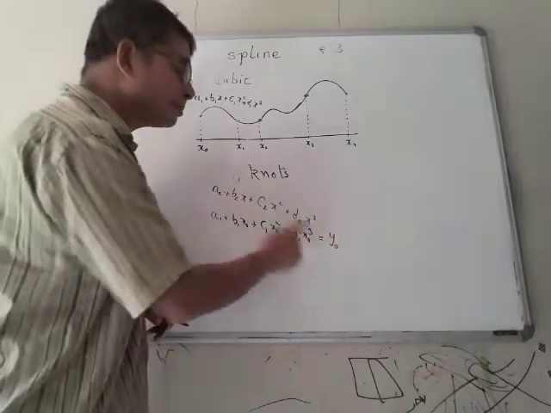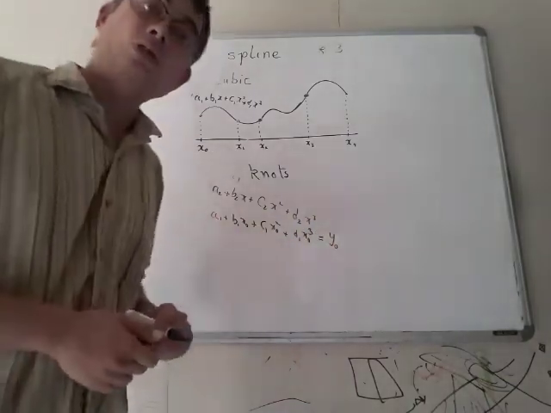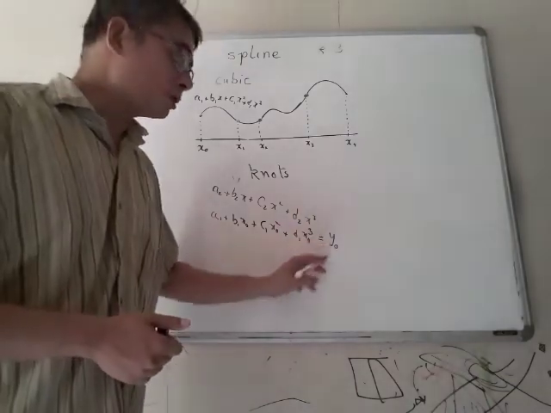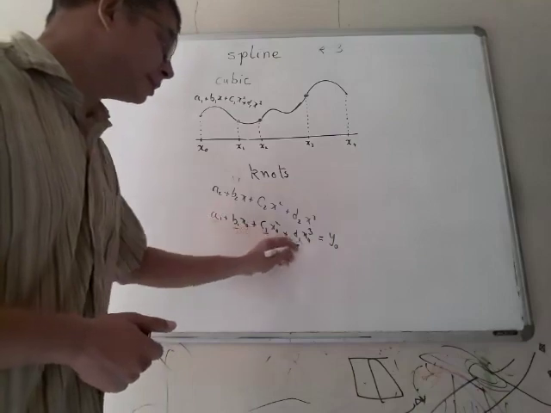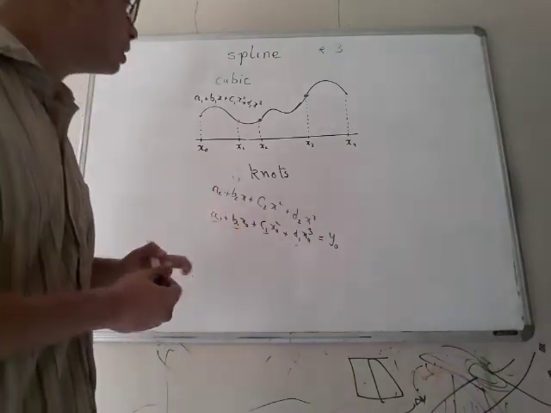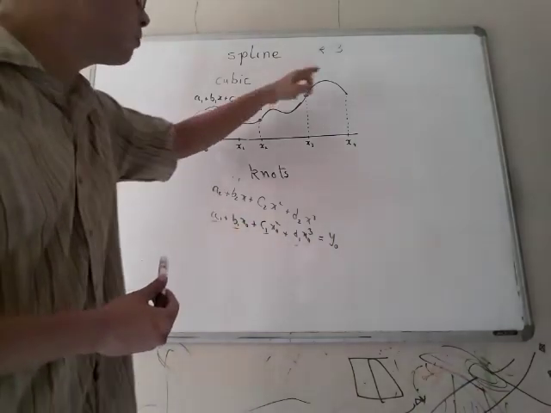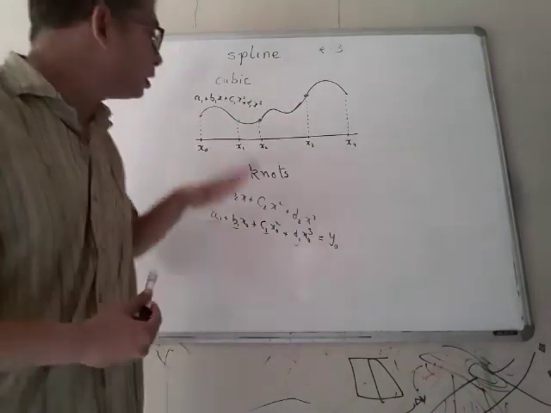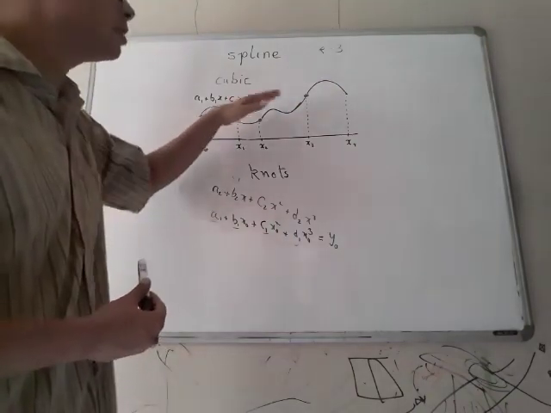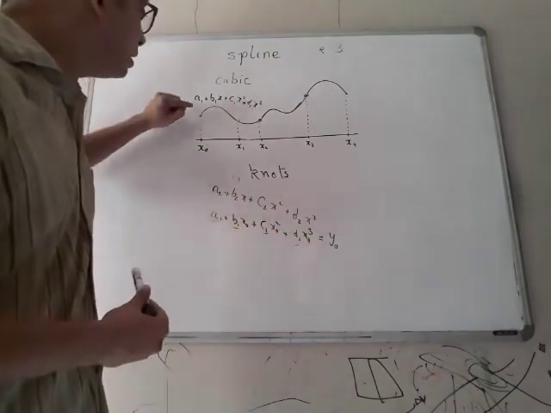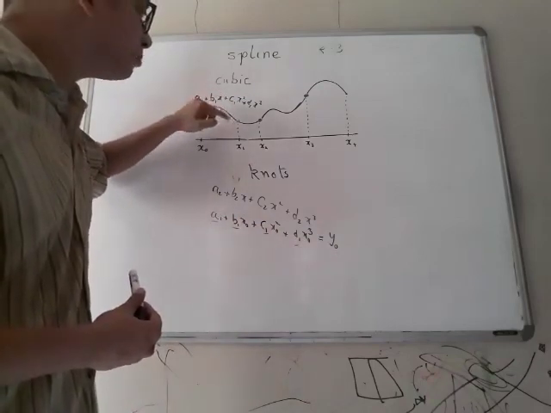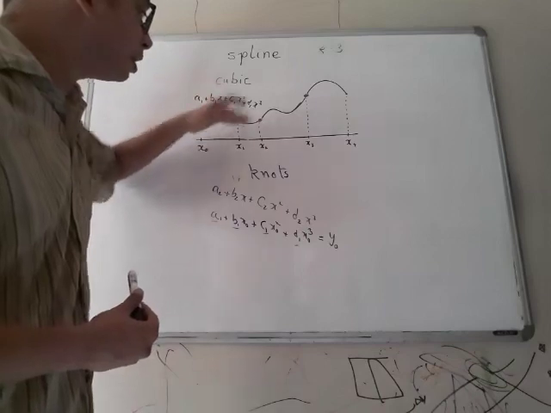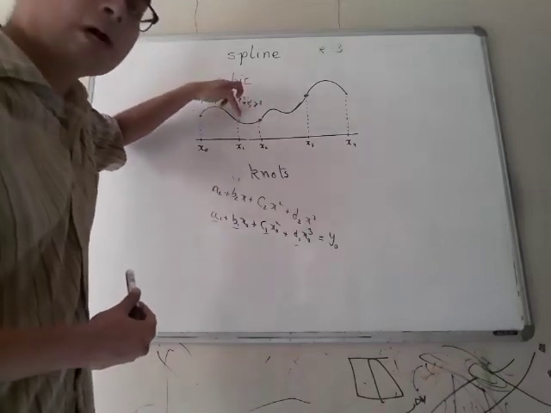So this also gives me a linear equation, but this one is non-homogeneous. There is a constant term involved. Remember, my unknowns are the ai's, bi's and ci's. So I will get how many conditions? 1, 2, 3, 4, 5 conditions, because I must match these values. Here I get one equation, here I get two equations, because this end must have height y0, and this end also must have height y0.